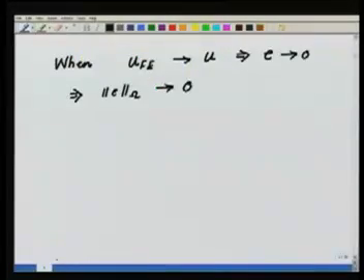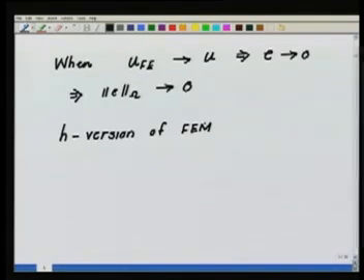As we had discussed in the 1D case, we are going to be specifically talking about the h version of the finite element method, where improvement in the solution is achieved by keeping p fixed, that is, the order of approximation fixed, and only refining the mesh.